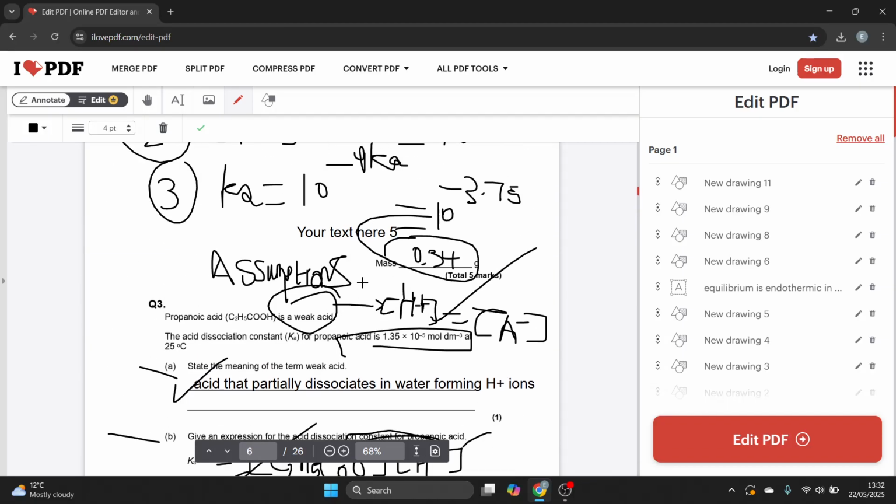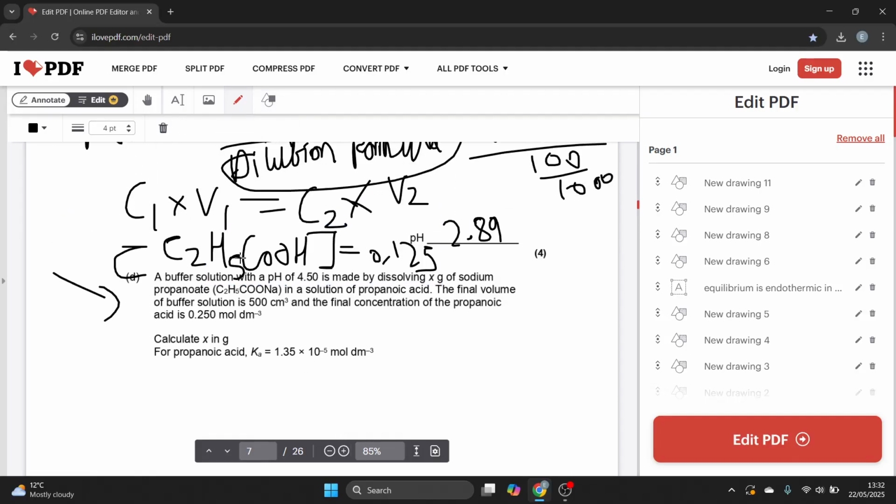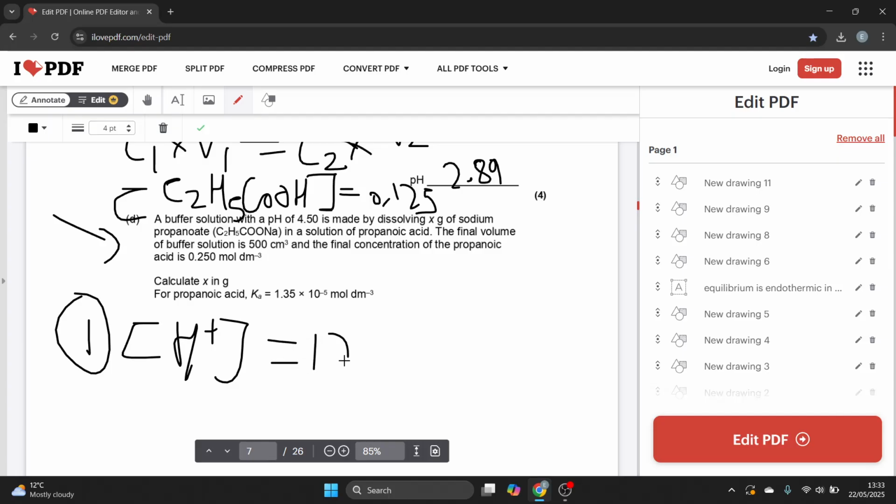If you don't know how to attack both these questions, you've lost 10 marks already. That's a full grade. You need to know these kinds of questions, guys. And the only way to is practicing them. So buffer solution, pH of this. First thing I'm going to do is obviously write down the things that I have memorized.